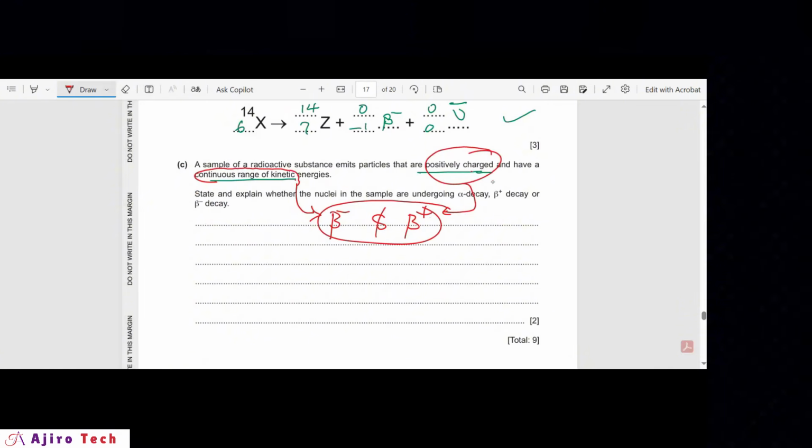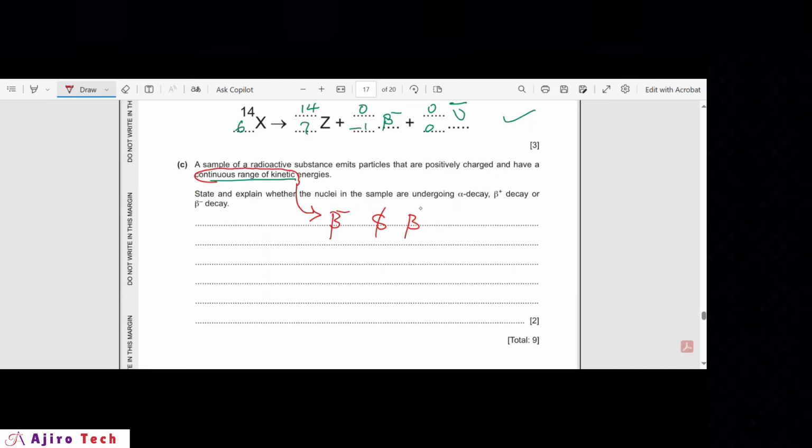This one says either this or this, representing both of them.